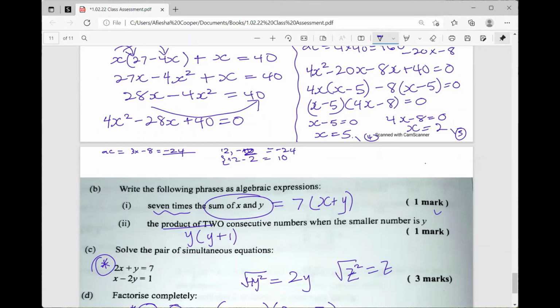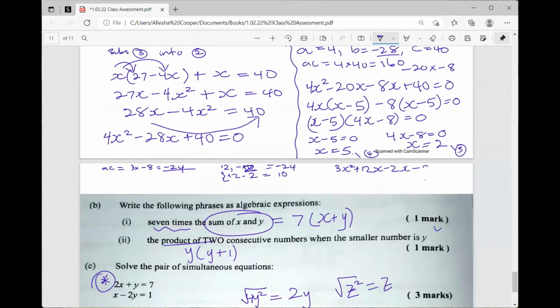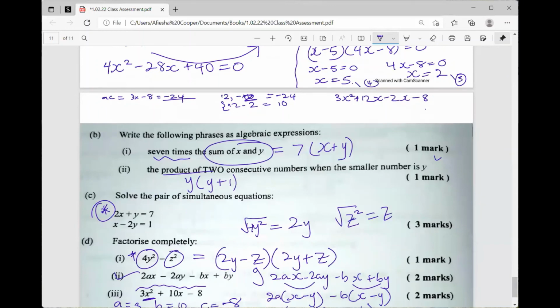So we write it over as 3x squared add 12x minus 2x minus 8. No equal to 0, so we don't even need to solve for x, we just factorize it without solving. Factorize.